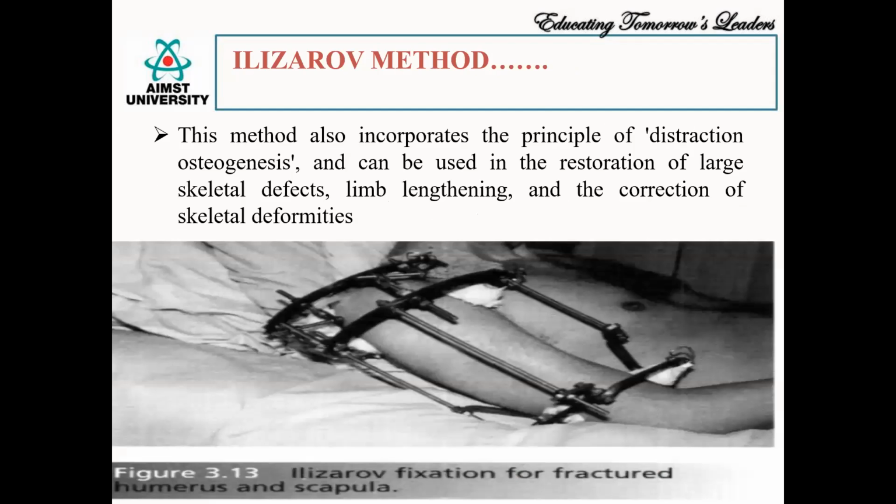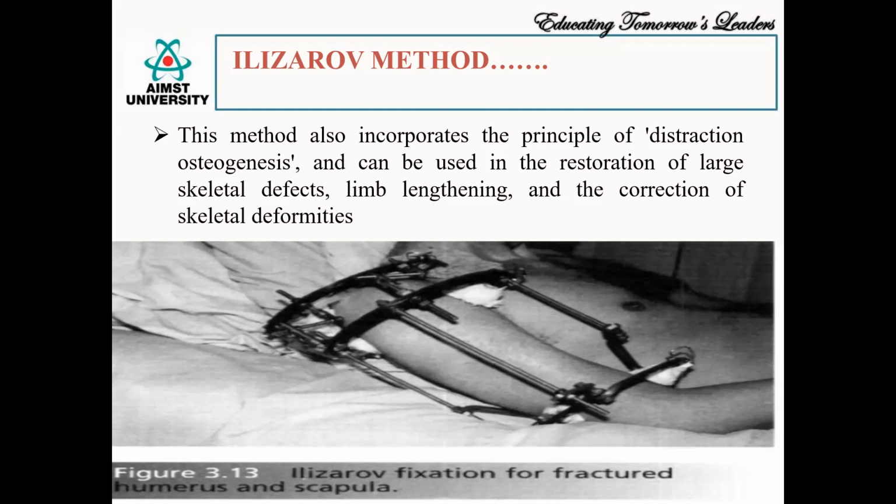That's why I told you about distraction osteogenesis. In the Ilizarov method, we have distraction osteogenesis. Distraction means it can widen according to the healing process. We can distract the length of the Ilizarov rings, and thereby we can trigger limb lengthening.